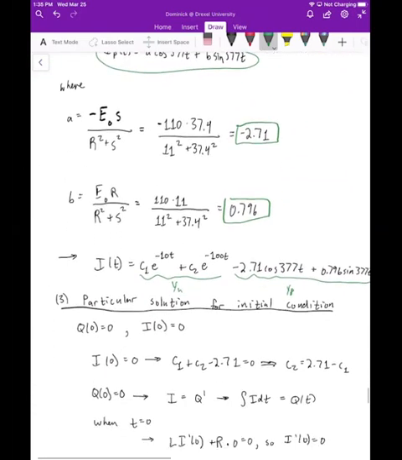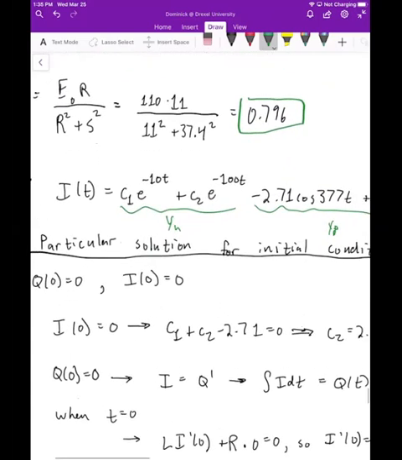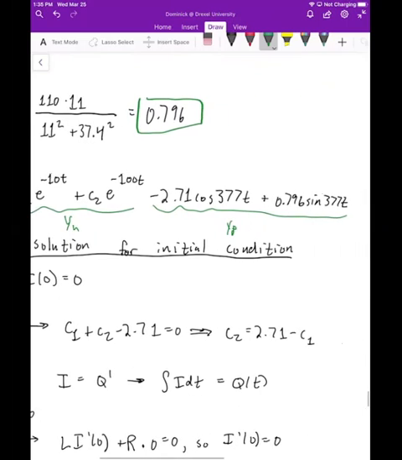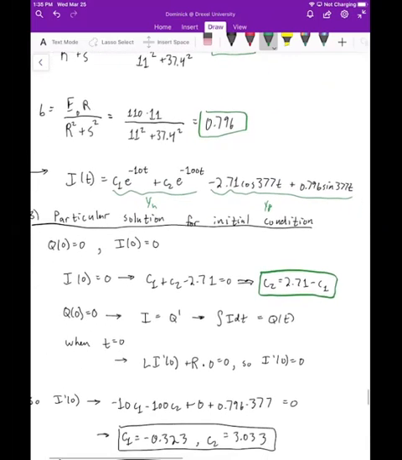Okay, so now what does a particular solution look like for the initial conditions? Well, I of 0 equaling 0 allows us to include this relationship between C2 and C1. So namely, we get C2 is equal to 2.71 minus C1. And then the second initial condition is that Q0 is equal to 0.